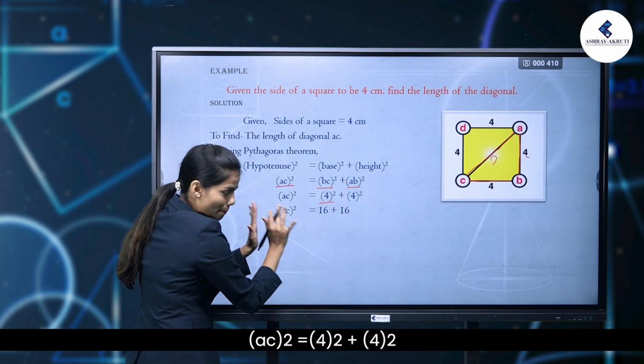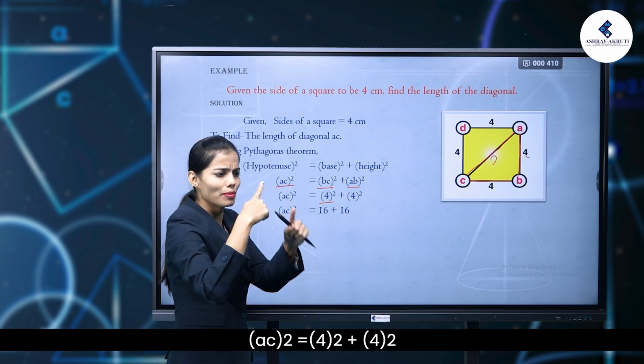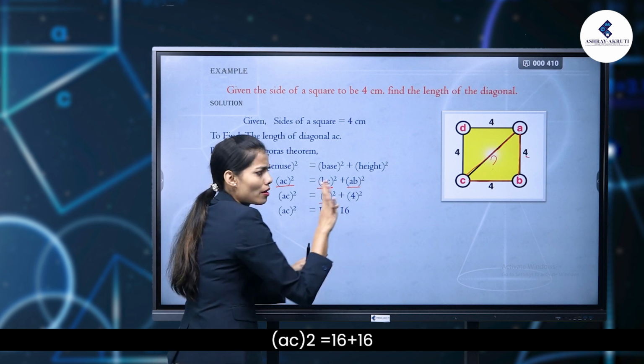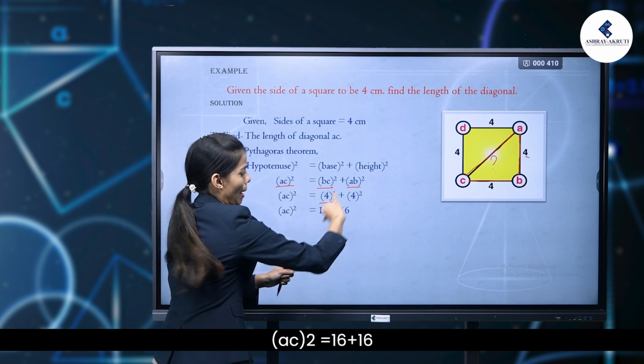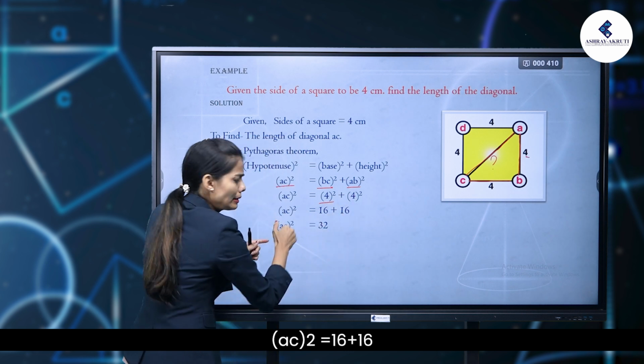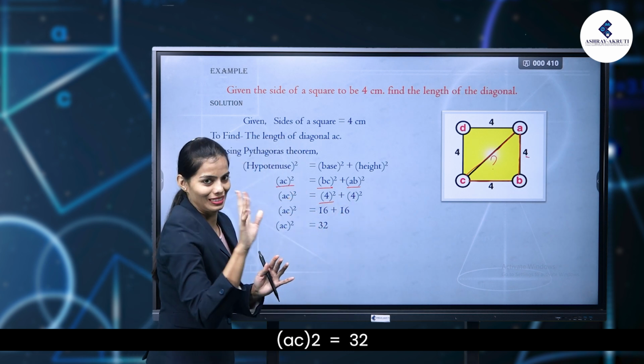AC square is equal to 4 square plus 4 square. AC square is equal to 16 plus 16. AC square is equal to 32.